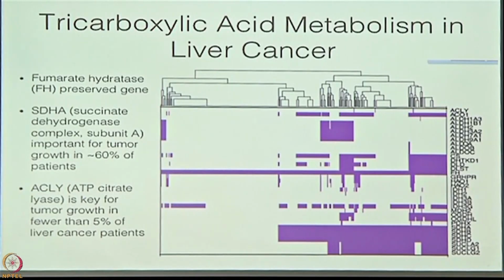It was found in less than 5% of liver cancer patients. And finally, succinate dehydrogenase complex subunit A was found in 60%. The point I am trying to make is that there is sufficient difference among cancers of the same type, which underscores the need for a personalized model.